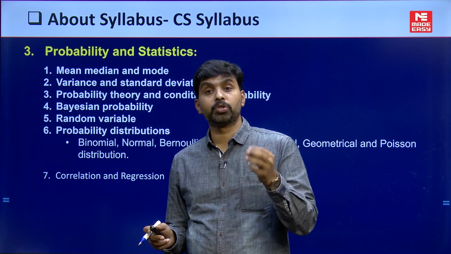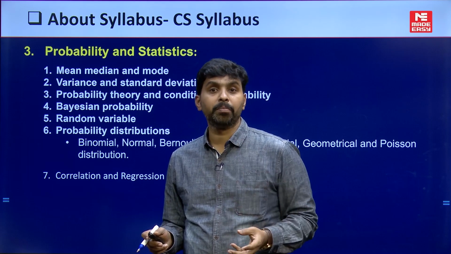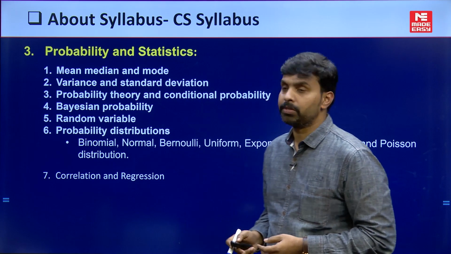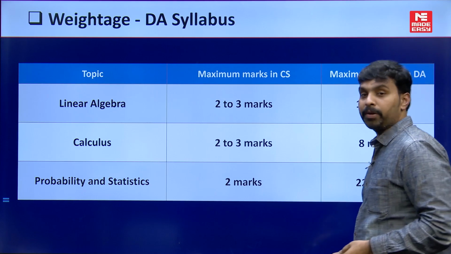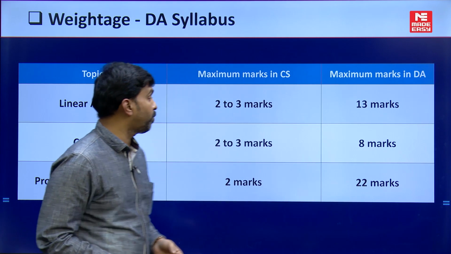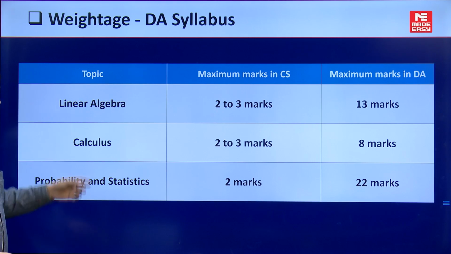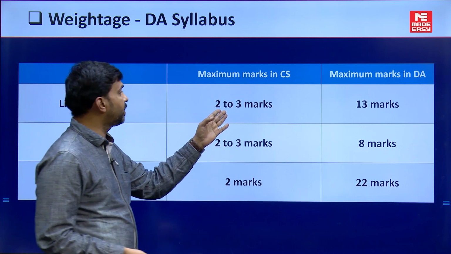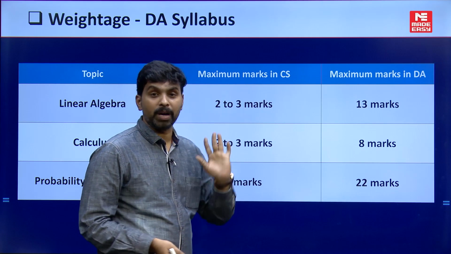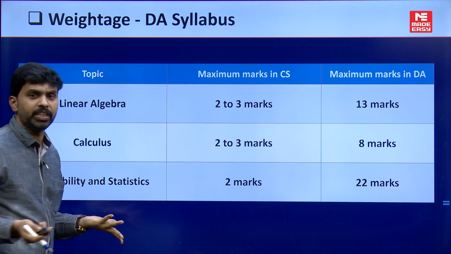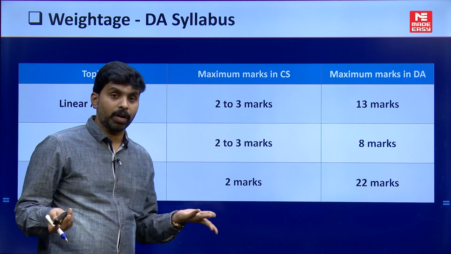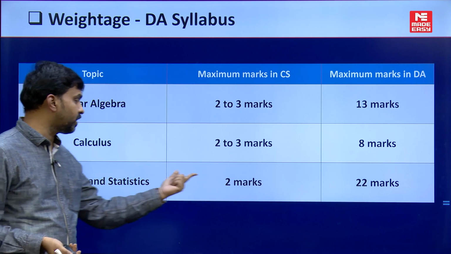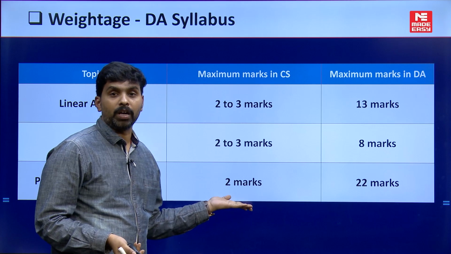These are the most crucial parts. In CS you will get 2 to 3 marks from linear algebra, generally 2 plus 1. From calculus also 2 plus 1 marks, and from probability and statistics 2 marks.